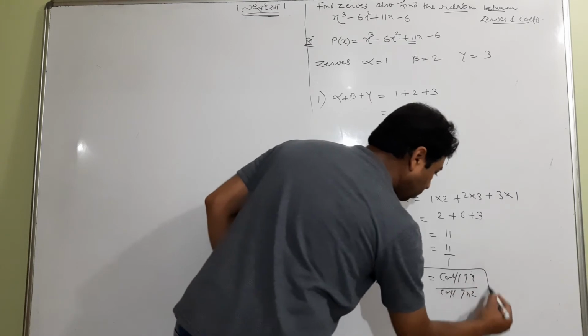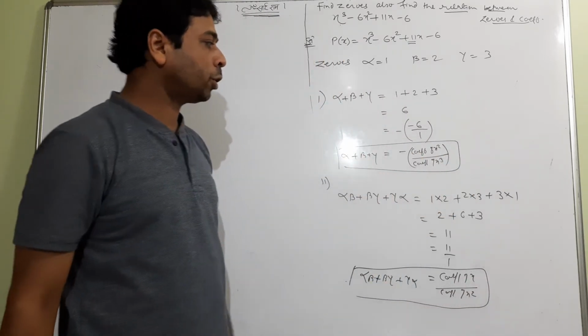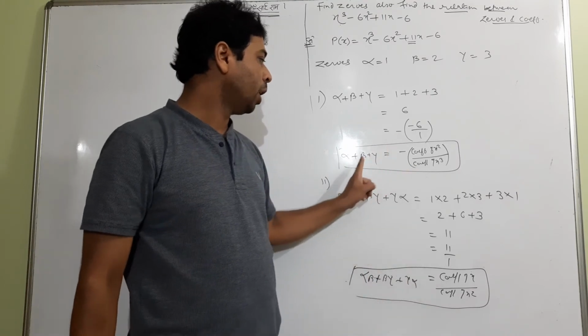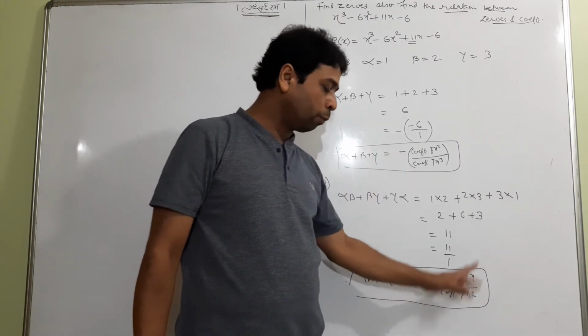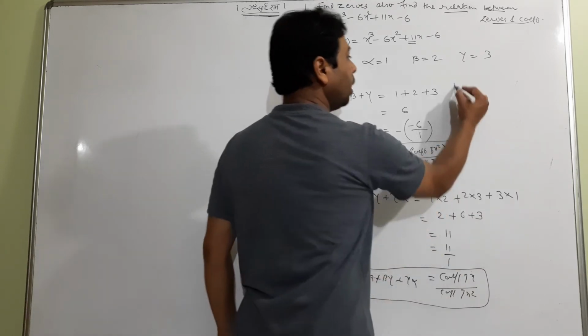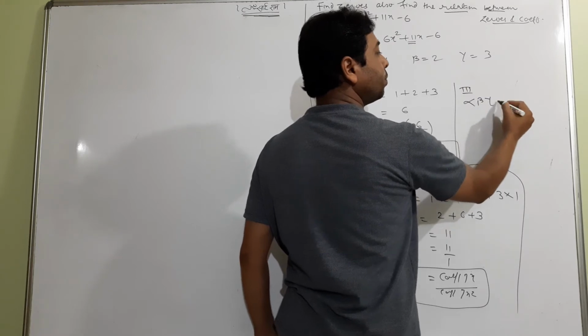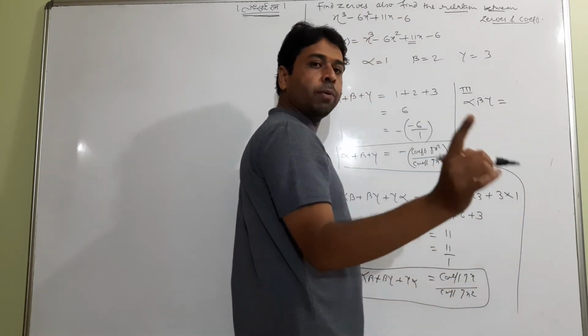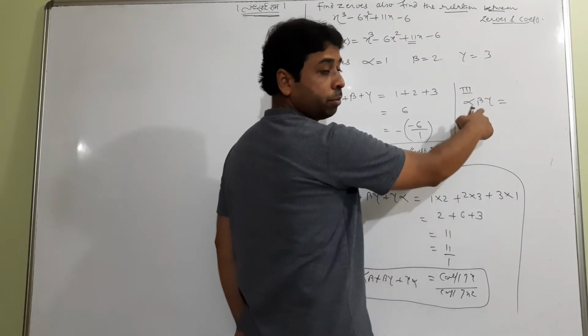So you should remember these specific things I'm telling you: after finding the relation you always get this kind of condition. Alpha plus beta plus gamma always negative. Alpha beta, beta gamma, gamma alpha always positive. And the third thing I would write here is the product. Before doing it I want to say: it is negative, it is positive, it is negative.